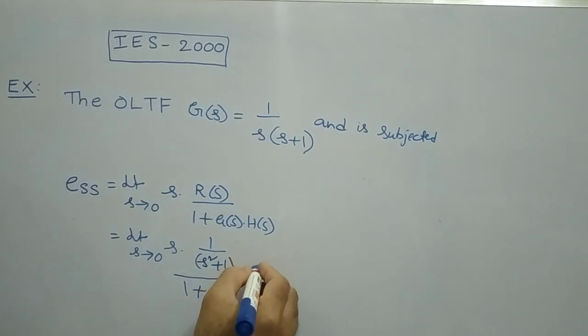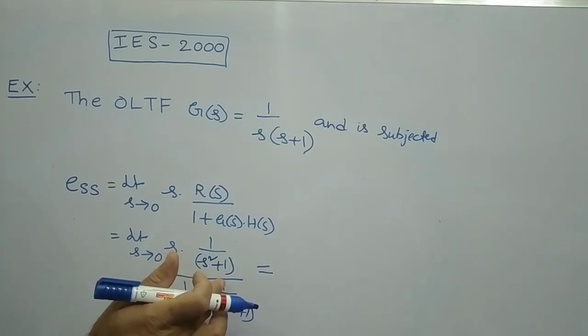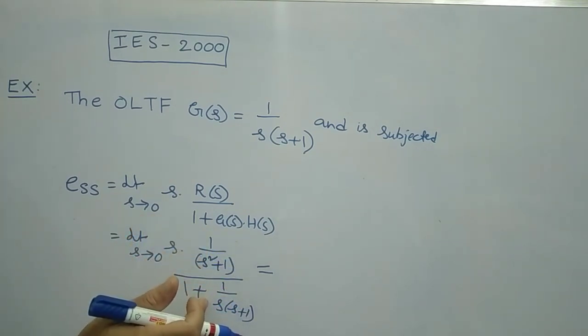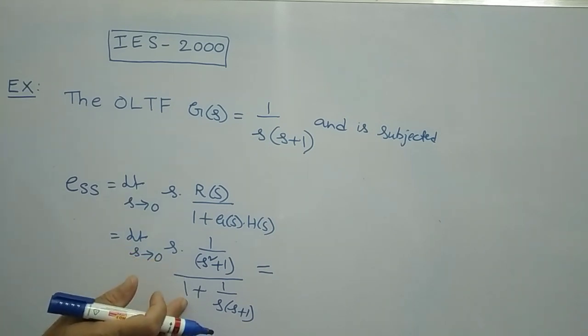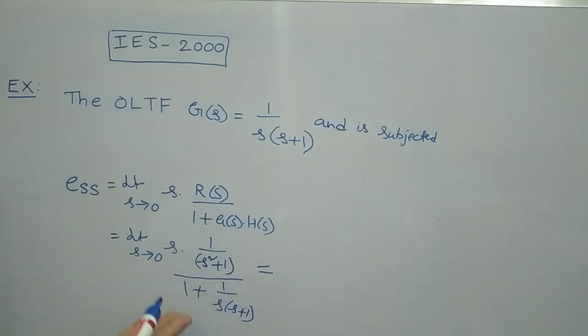Clear? Further you can substitute; if you take cross multiplication, s into s plus 1 by s into s plus 1, s into s plus 1 plus 1 by this one. In the numerator and denominator, the s term is there. After applying the s value 0, it definitely becomes a 0 by 0 form.